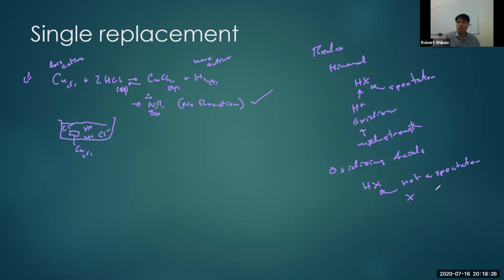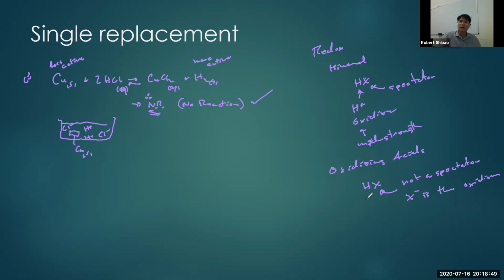X turns out to be the oxidizer. X is going to be minus something, it could be -1, -2, or -3. X is the oxidizer. In other words, X is a better oxidizer than H plus.